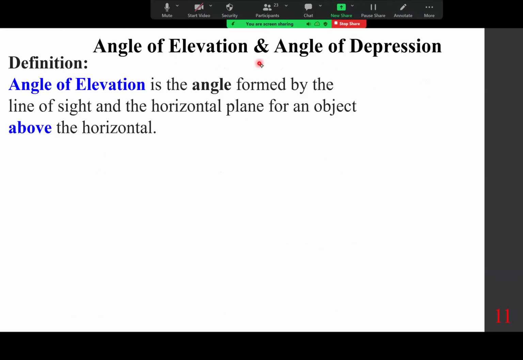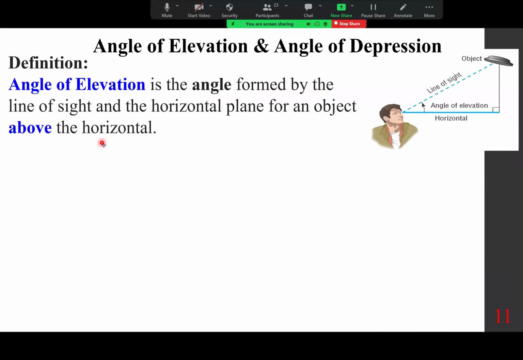Angle of elevation and depression. Here's the definition. Angle of elevation is the angle formed by the line of sight and the horizontal plane for an object above the horizontal.